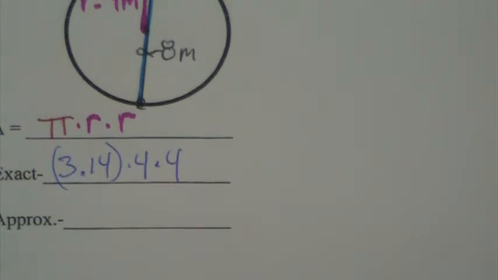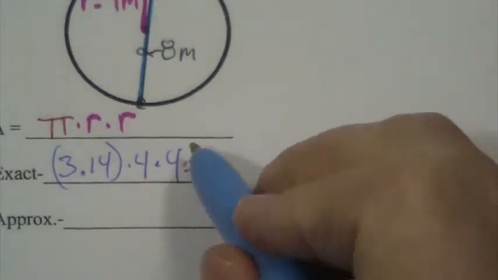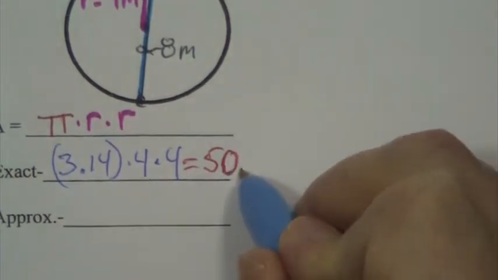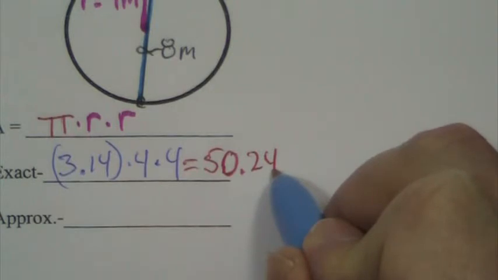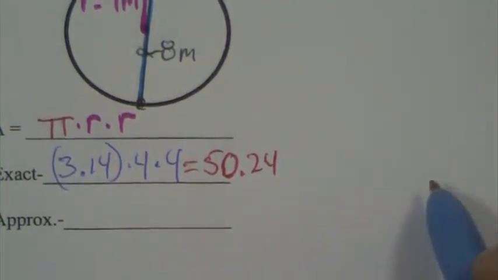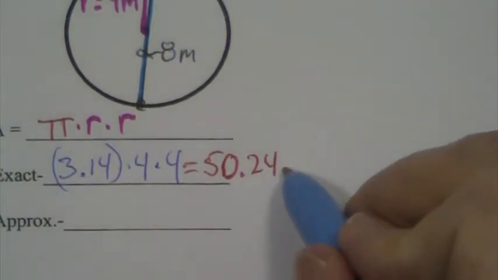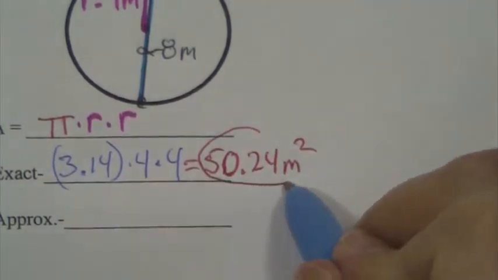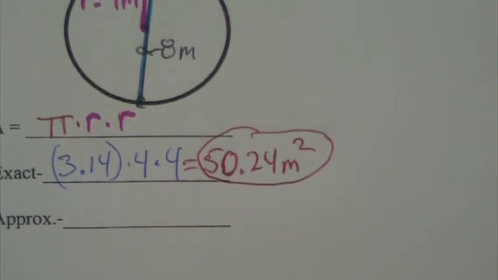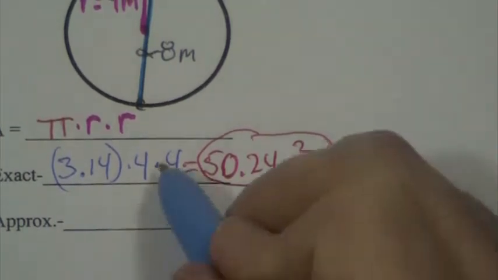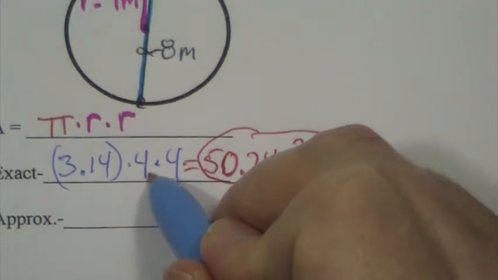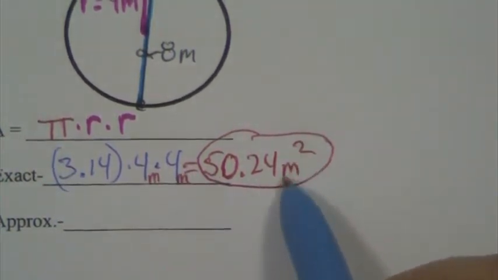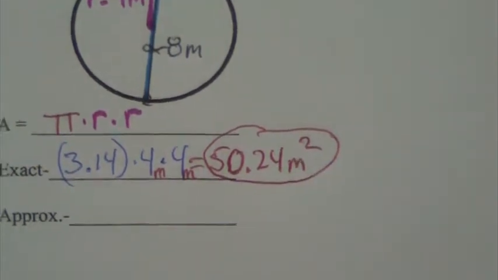And I should have estimated this first. So that's 50.24. And we're talking about area, so that must be meters squared. We're talking about how many squares are inside. By the way, this is actually 4 meters, and m times m is m squared. Okay, so that's our exact.